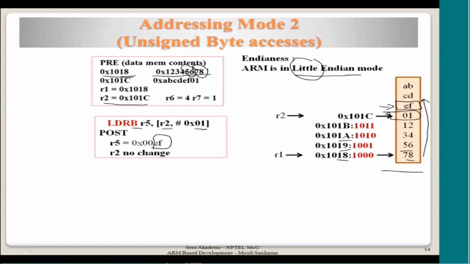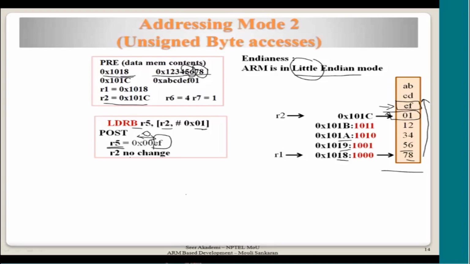Now please remember, a register is a 32-bit value. So if it is loading EF, you should also make sure that the other bits in the register are all made 0. You may wonder why it is required. I am only interested in loading a byte from the memory.